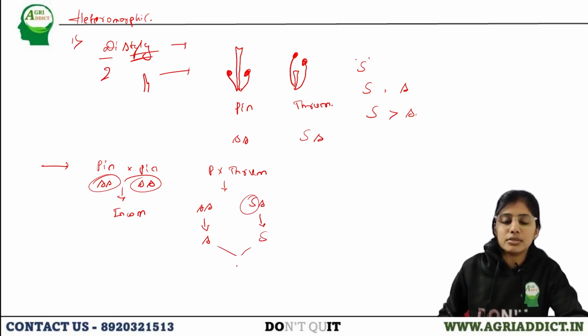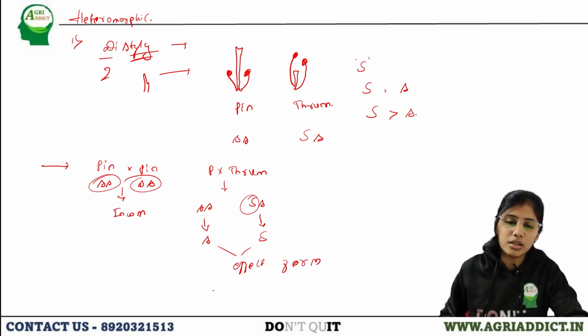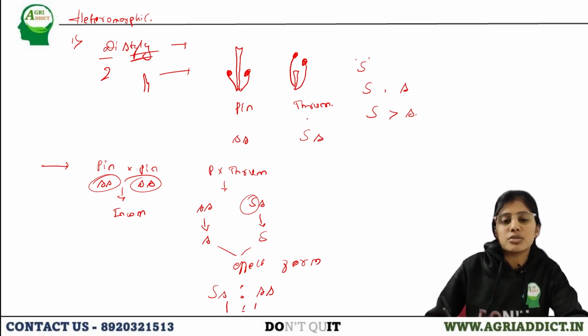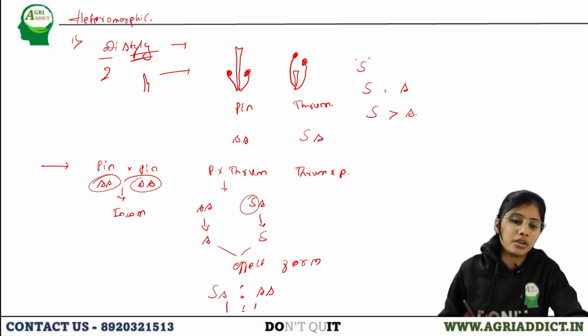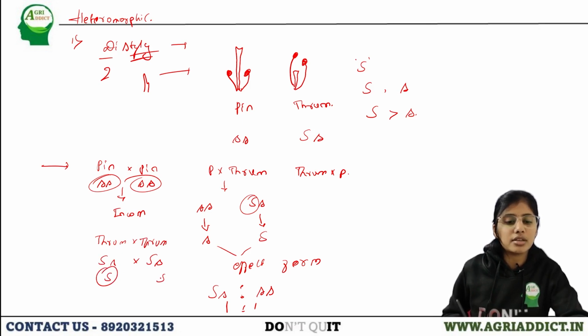So they are different. They can effect the fertilization, and it leads to the production of progeny as capital S small s and small s small s in a 1:1 ratio. The same is the case with thrum into pin. Again, thrum into thrum, which is capital S small s into capital S small s, because they all behave as S, they will be incompatible.